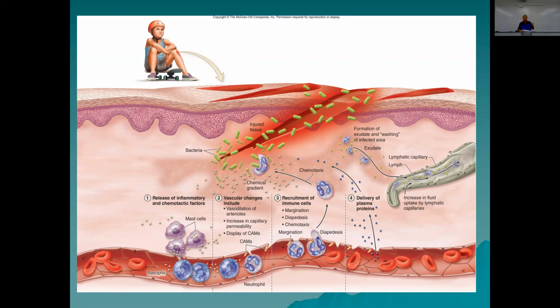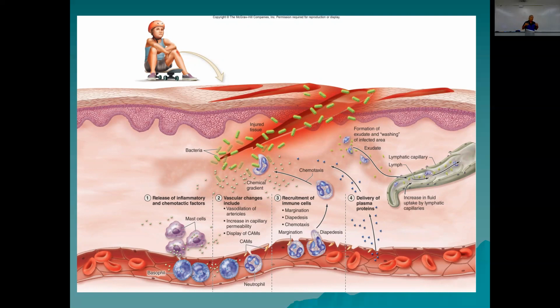Actually, bacteria or other pathogens in your blood supply is called sepsis. And that is really a very serious condition. Bacteria and viruses and everything are swept into lymphatic capillaries. And that's a good thing because they will be percolating down the lymphatic system and eventually hit lymph nodes, because the lymph goes to lymph nodes.